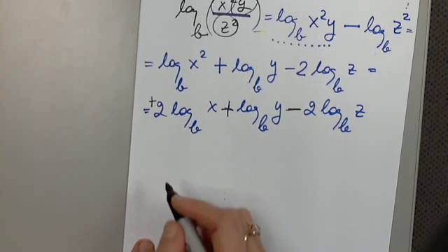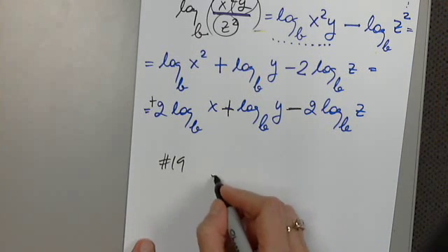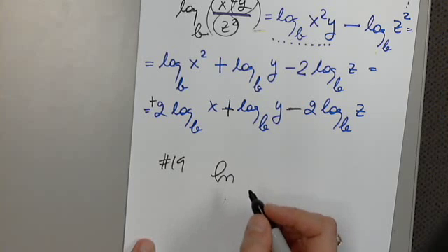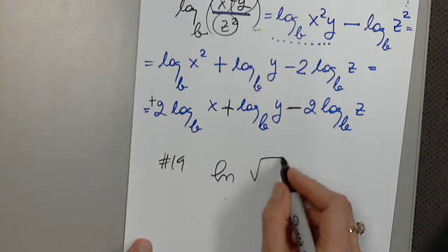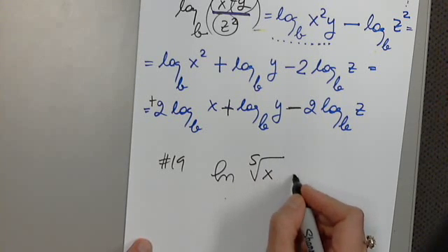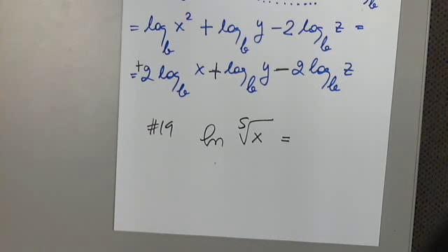Let's look at 19. Natural log applied to the 5th root of x. We're asked to expand this. Well, I have to think what power is the 5th root. It cannot be 5 because x to the 5th and the 5th root of x are not the same.